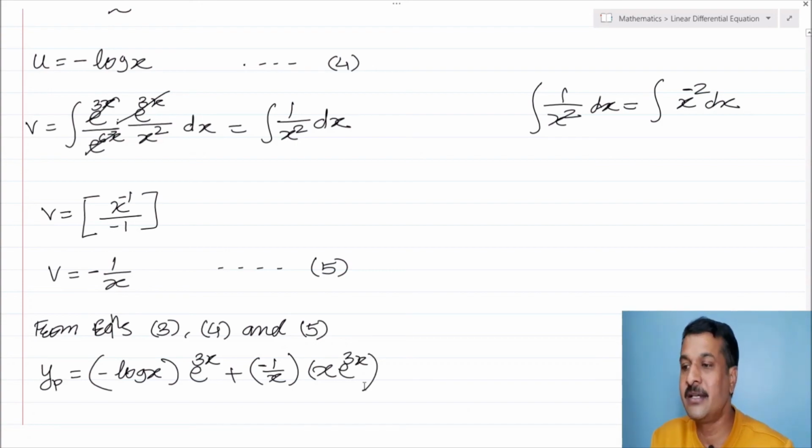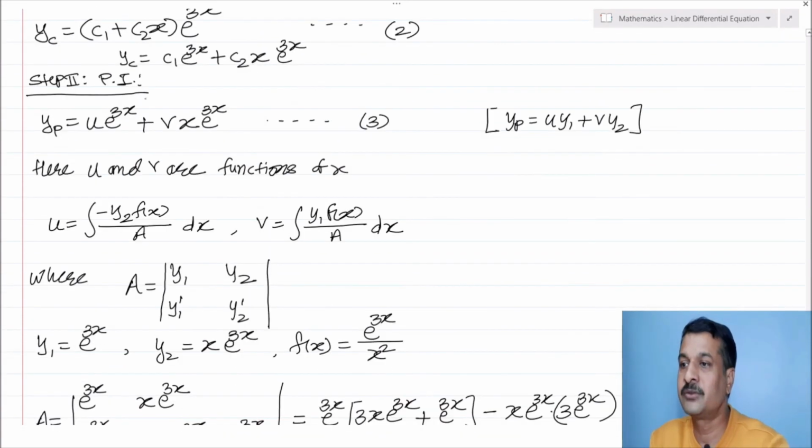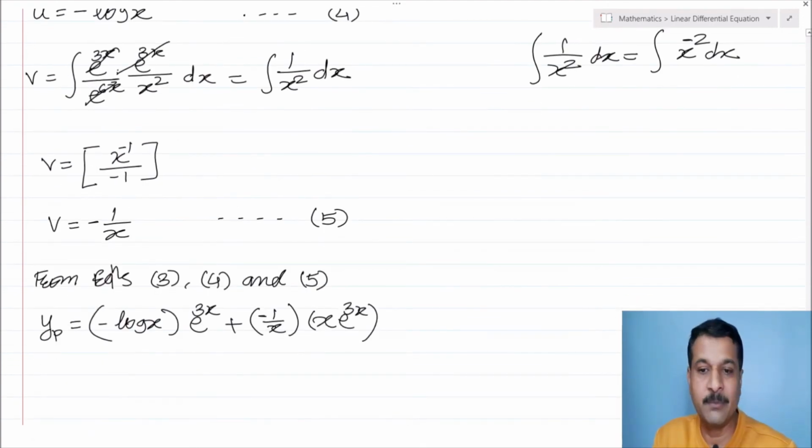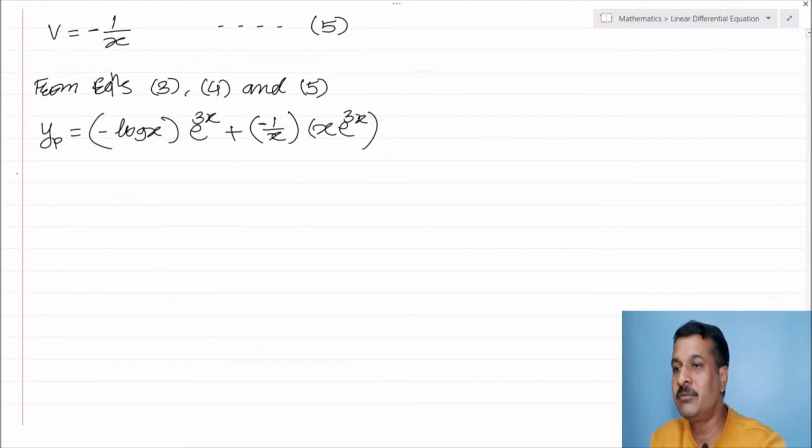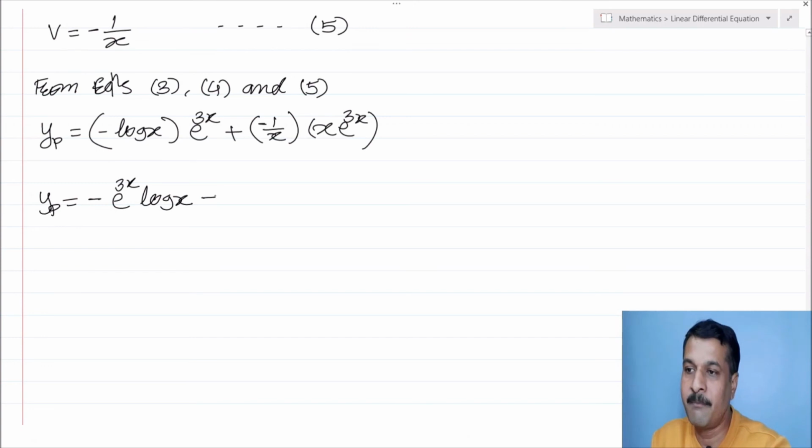So you can see here, this is your yp. Here I am just putting the values of u and v. So simplify this. I am getting yp equal to minus e raised to 3x into log x minus, so this x gets cancelled, and I am getting only e raised to 3x. So this is your yp, it is equation number 6.